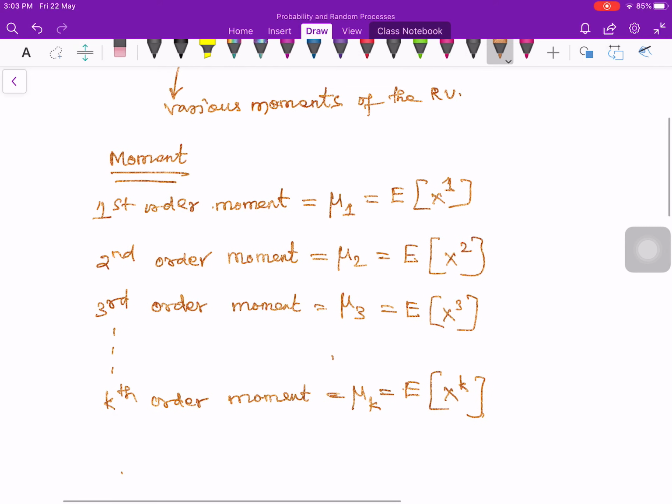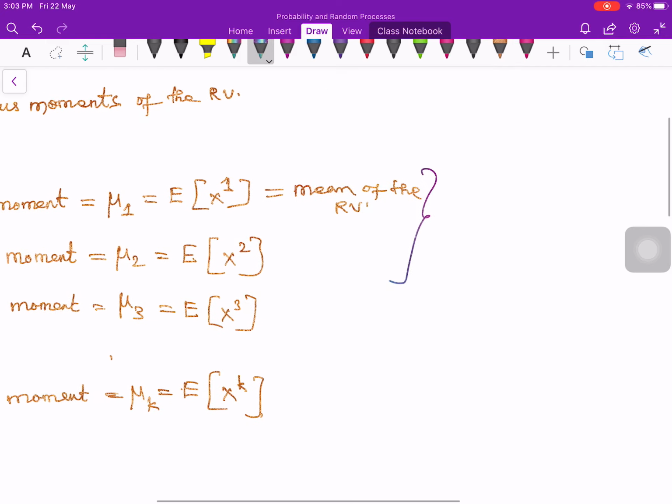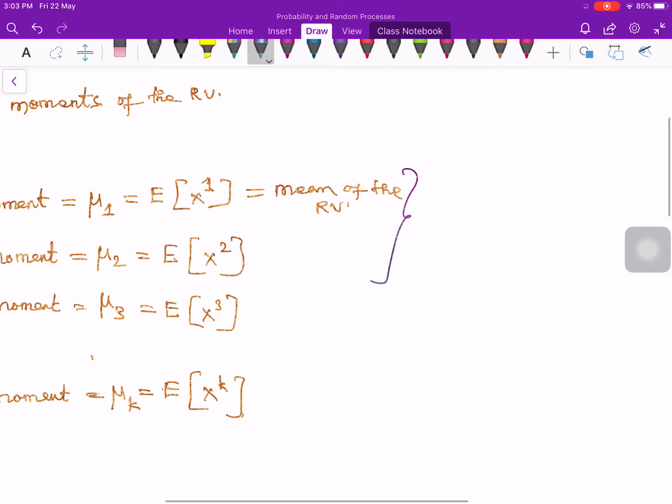Now if you notice, the first order moment is the same as the mean of the random variable. And if you take the first order moment and the second order moment, we can compute the variance of the random variable. So variance of x equals the expected value of x squared minus the expected value of x whole squared.